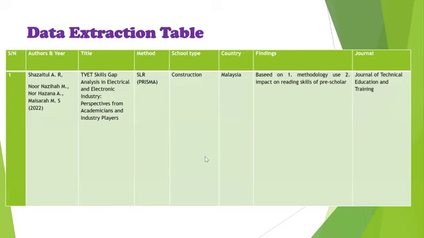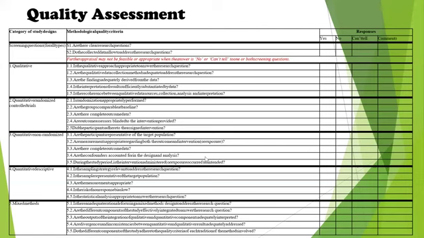Then, let's assume you are writing papers on green school infrastructure, you can decide to record whether the sample or the data that was taken is from a public or private school. So school type, country, the findings, and the journal. But there is no compulsory rule that the data extraction table must be like this; it depends on your research topic and the question you intend to answer.